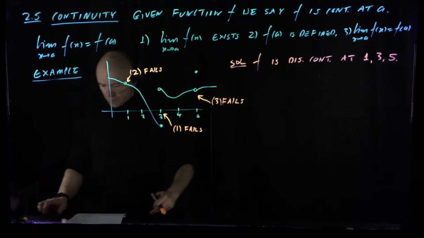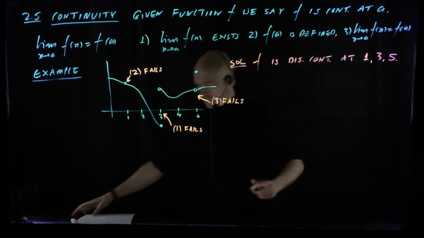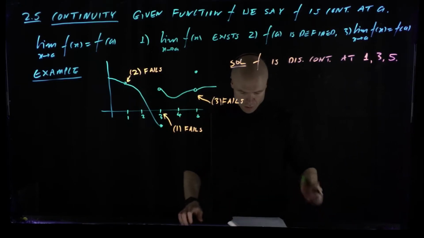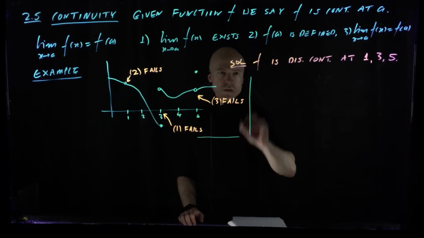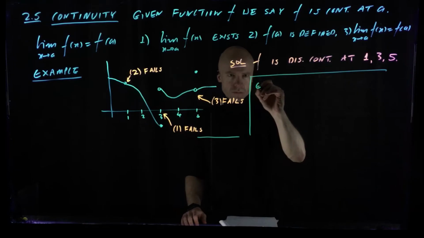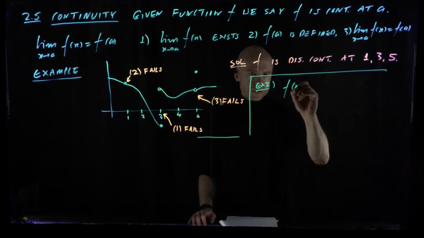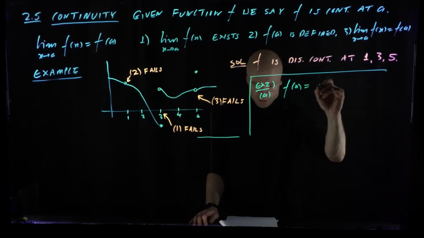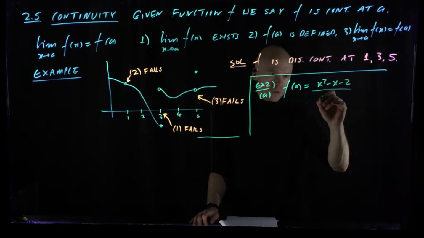Okay, let's consider a different example. Let's look at this function. There are 3 parts of this. So f of x is x squared minus x minus 2 over x minus 2.